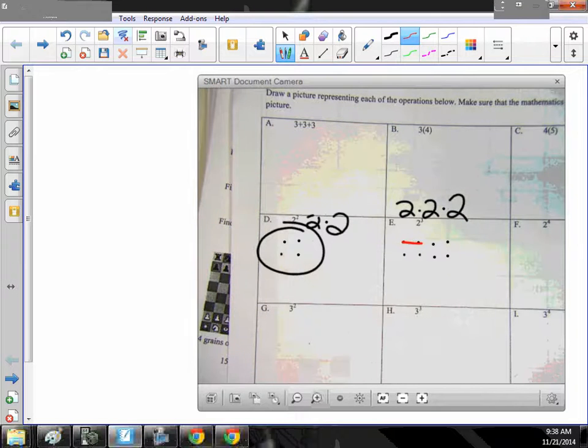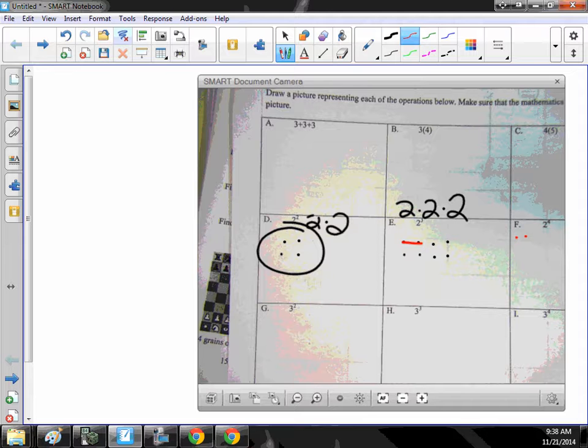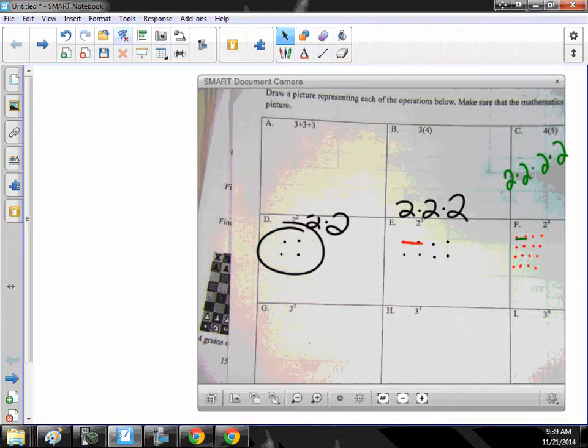Okay, what would this one look like? Start with 2, double it down, double it across, and then double it down. So let me show you. So that's my original 2. I'm looking for 2 times 2 times 2 times 2. So my original 2.